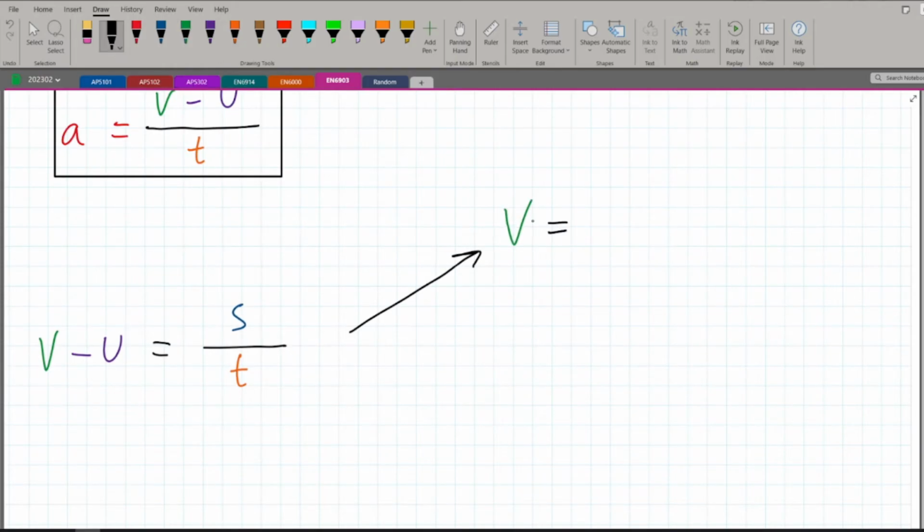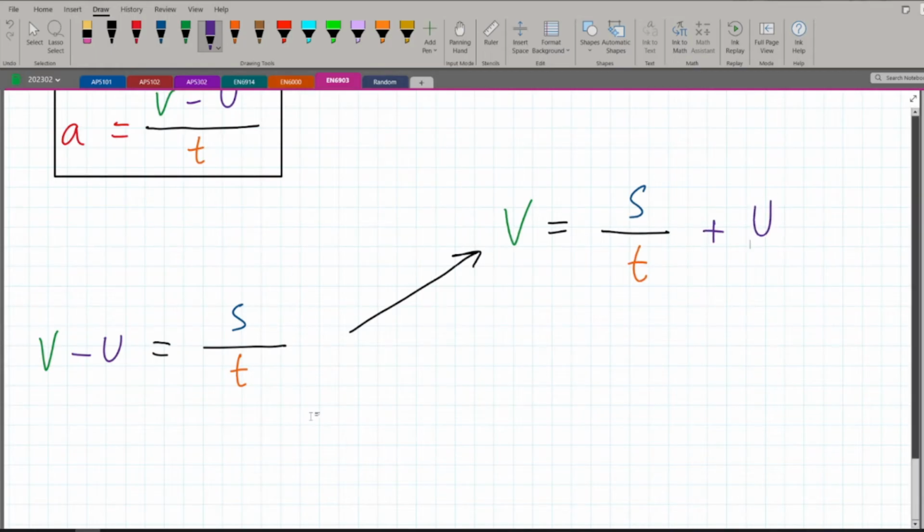It is going to be equal to s over t, s divided by t plus u. All I did was take the u from this side to the other side. Now we have an equation for velocity based on initial velocity, displacement, and time.